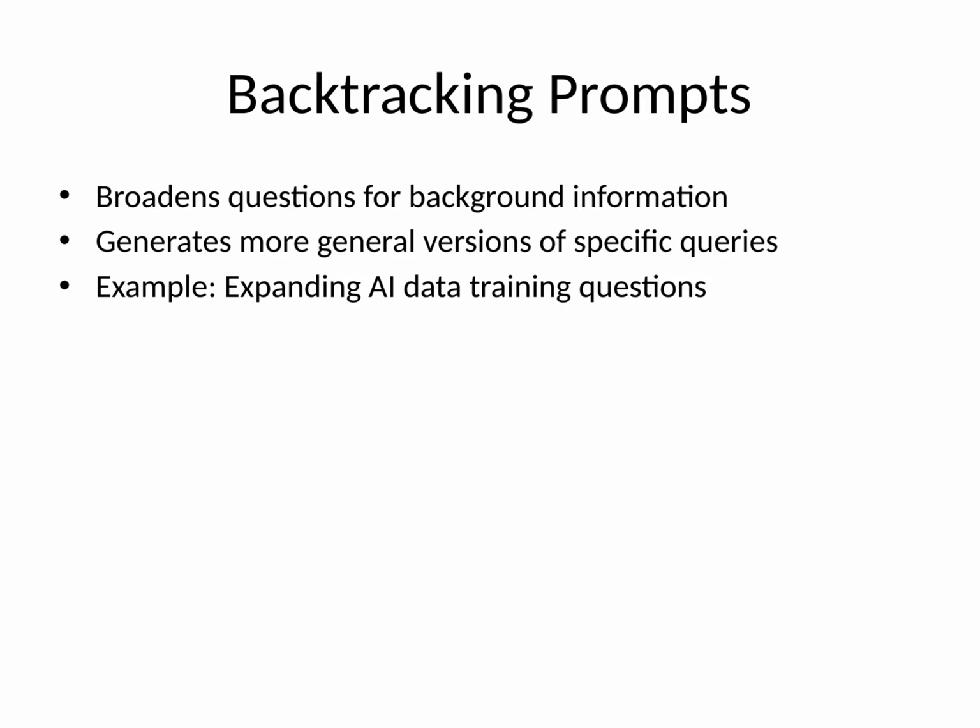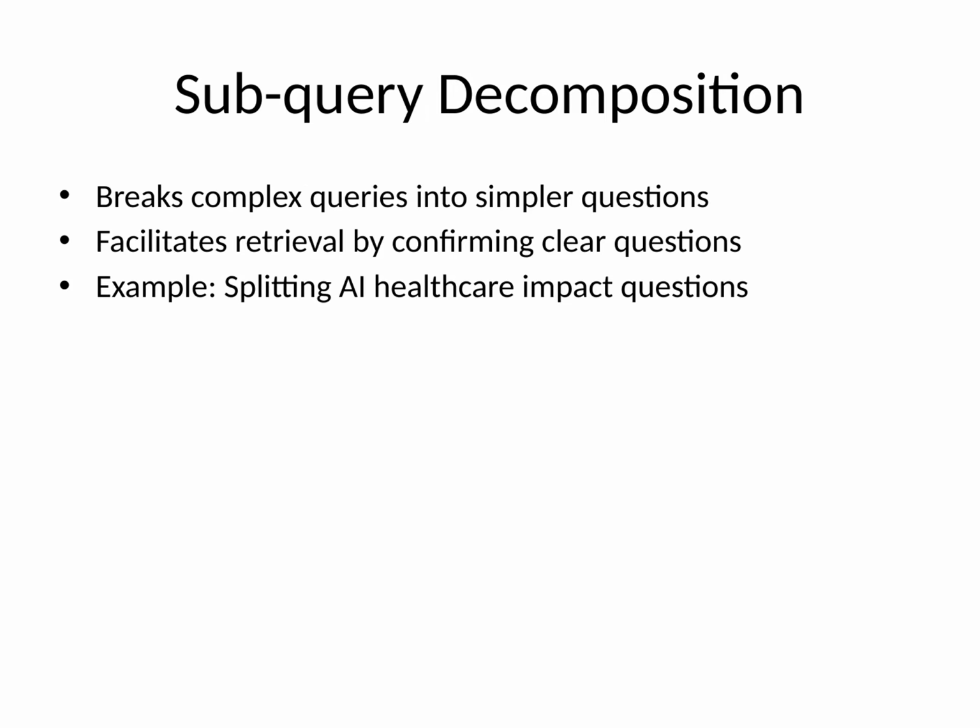This method generates a more general version of a specific query, allowing for a wider range of related content to be retrieved. For example, a question about the data needed for AI training can be expanded to explore foundational challenges in AI decision-making. Subquery decomposition involves breaking down complex queries into multiple simpler questions.